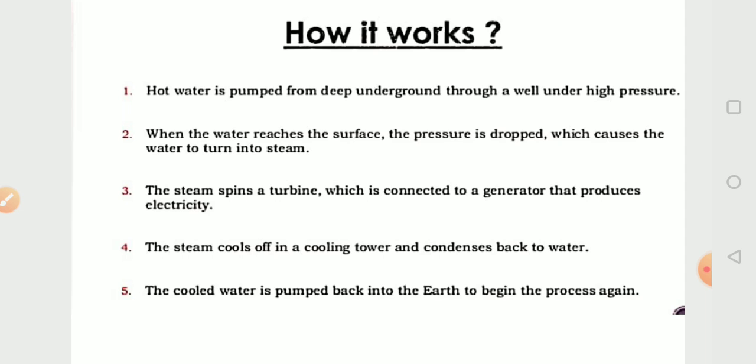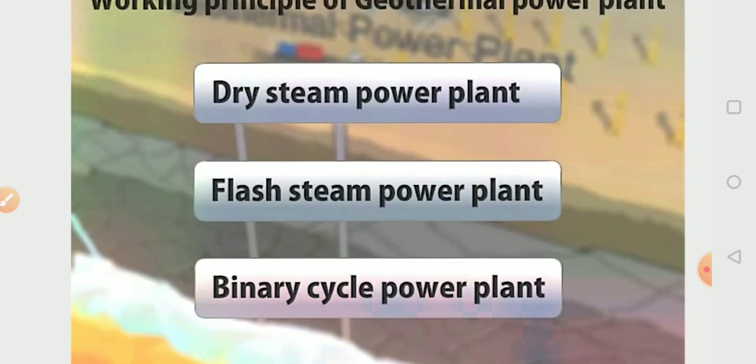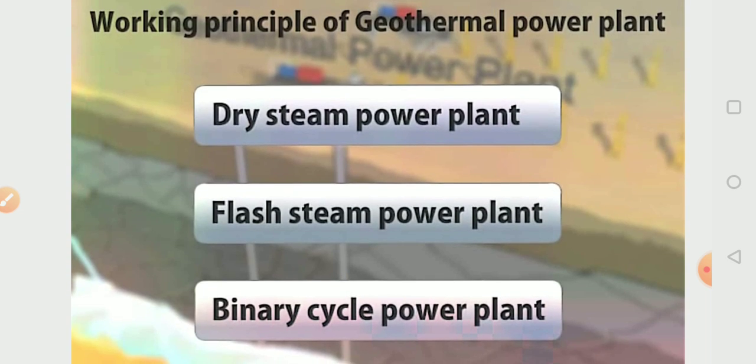Now we will discuss in detail the working and the types of geothermal power plant. So what is the principle of geothermal power plant? At first we have three types of geothermal power plant.